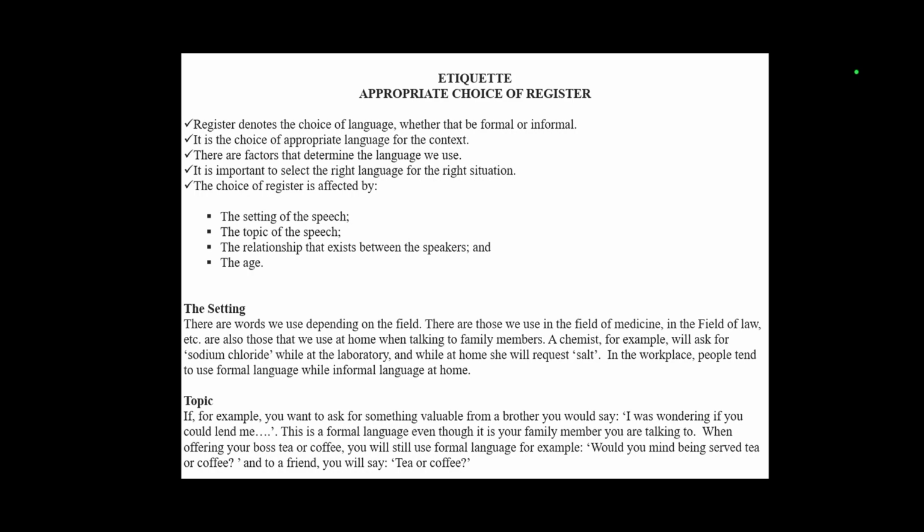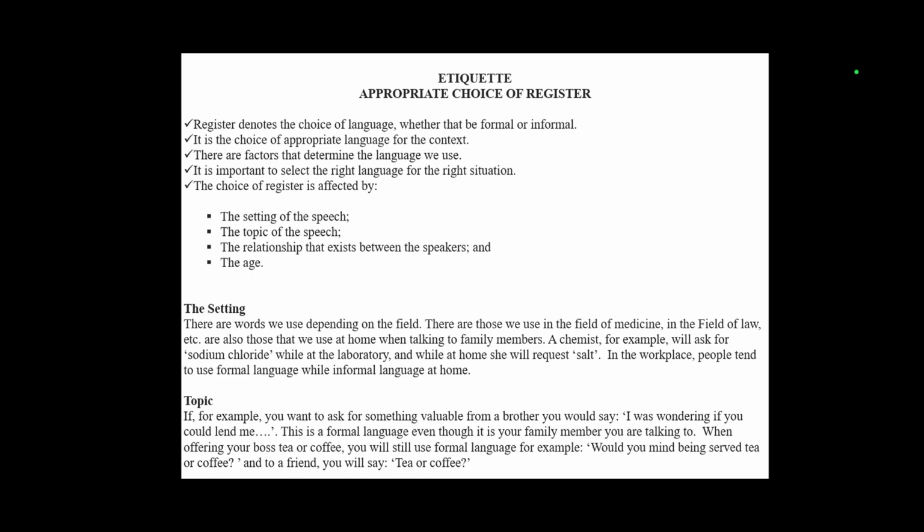The choice of register is affected by the setting of a speech, the topic of the speech, the relationship that exists between the speakers, and finally the age. Let's address the first part, the setting. There are words that we use depending on the field.